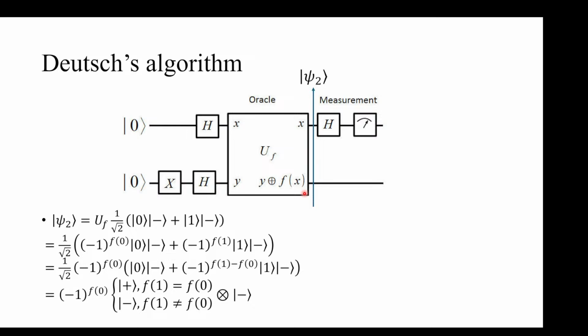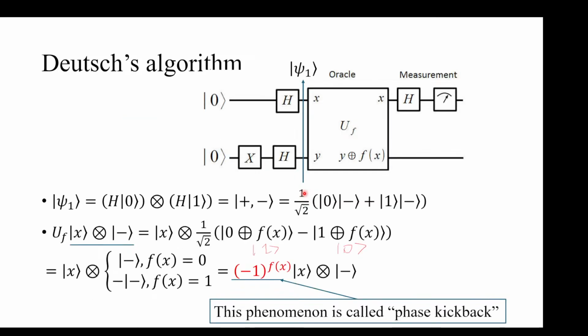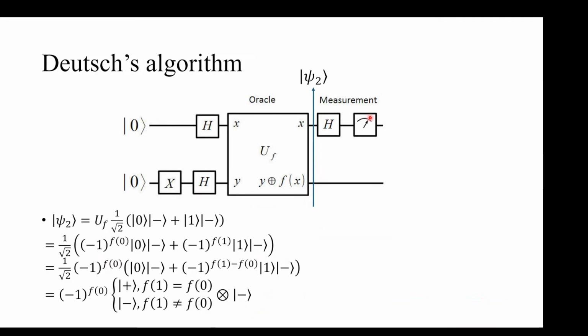The more technical idea is this phase kickback. So you put the information about f into this phase, and then you can calculate the difference of the phase between the 0 component and 1 component.